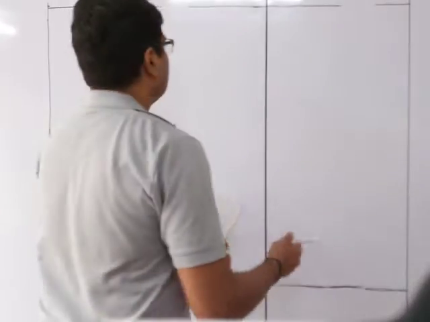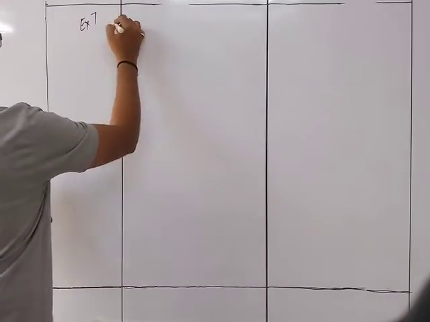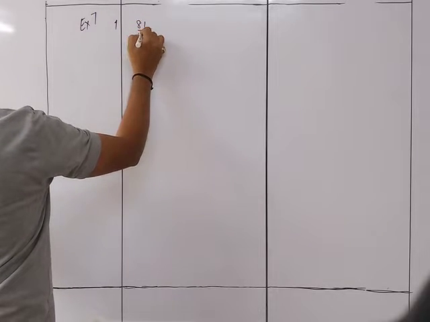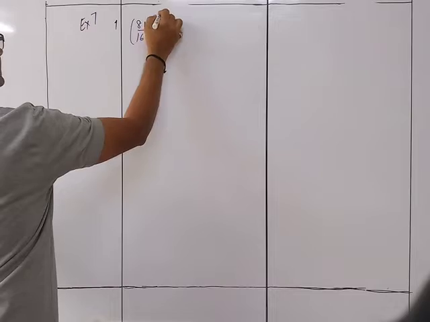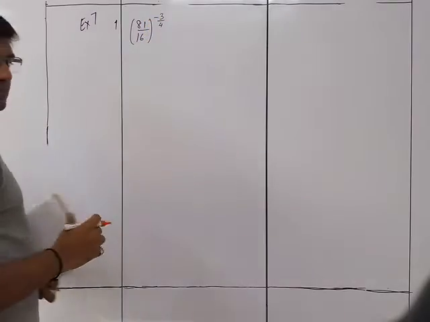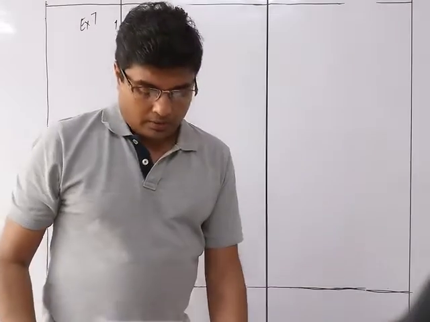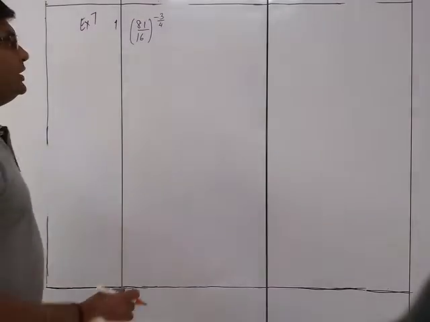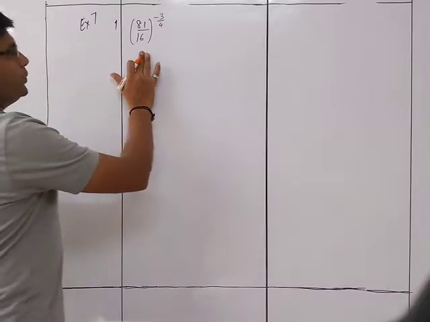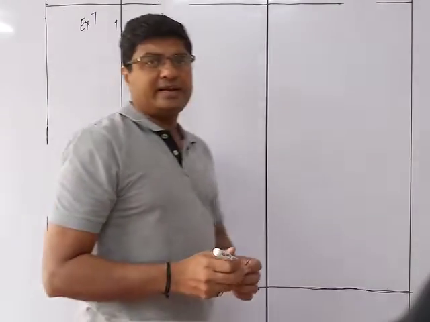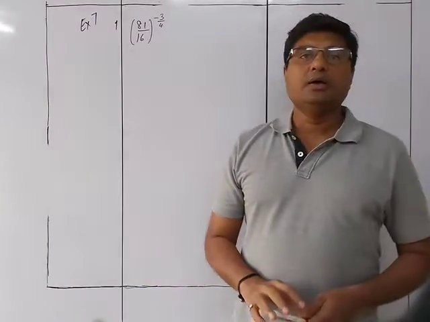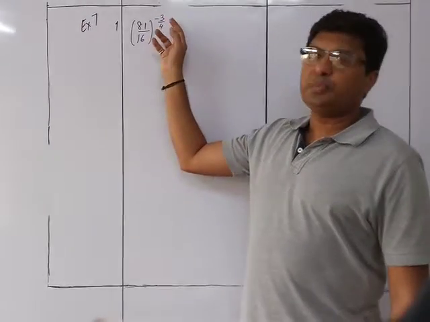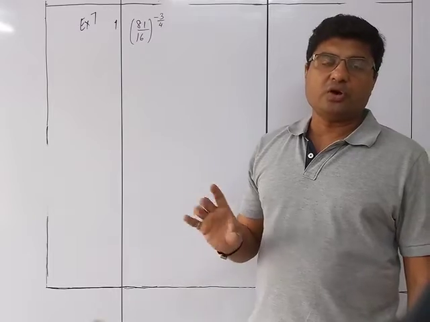So the first one is 81 upon 16 the whole raised to minus 3 upon 4. You can see over here, in any case of indices, the main thing is that we need to get rid of the denominators in the fractions of the exponent.